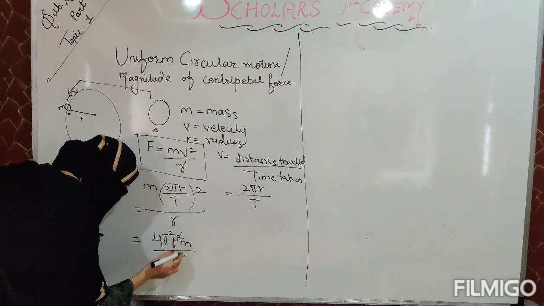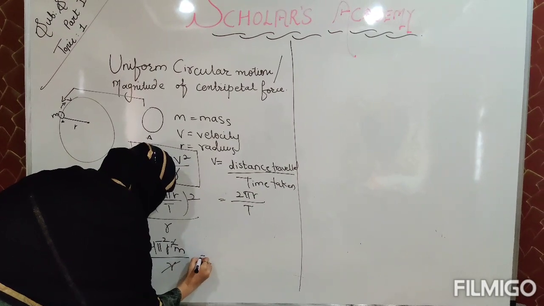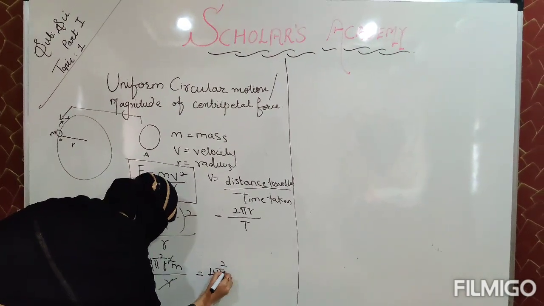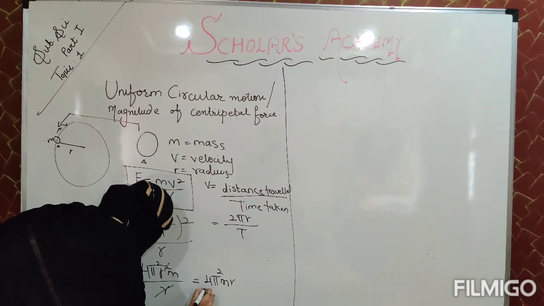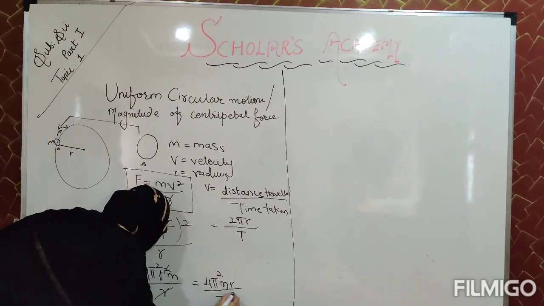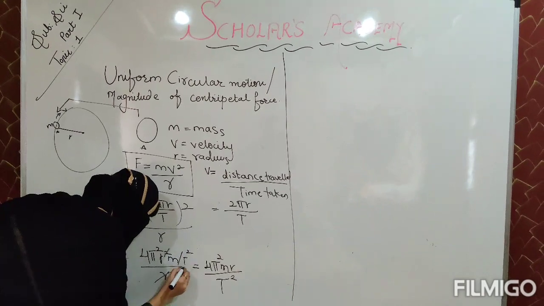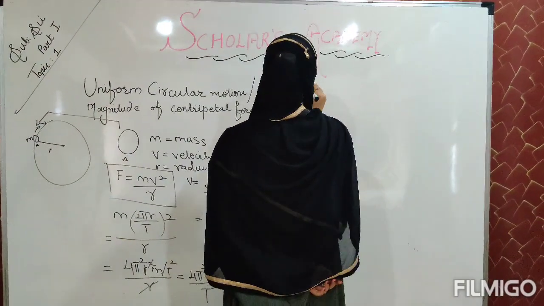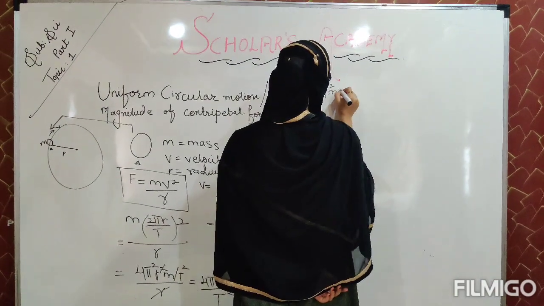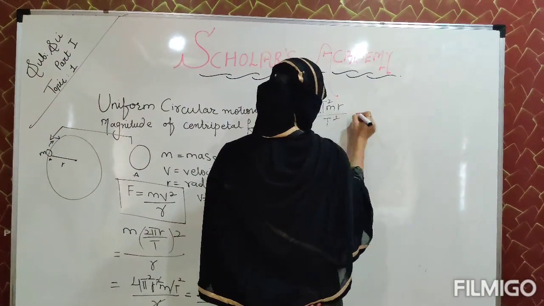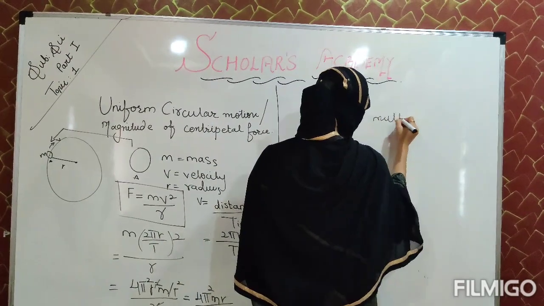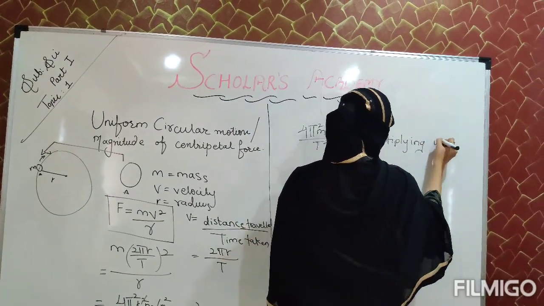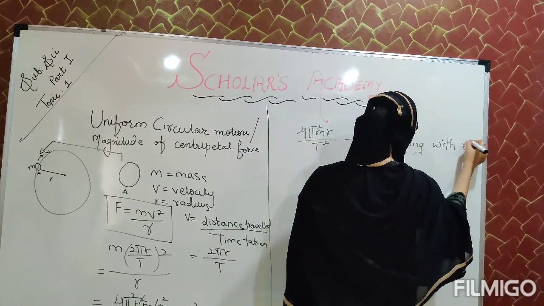This r and the r square get cancelled out. The equation is 4 pi square m r divided by t square. Now this 4 pi square m r divided by t square, I am multiplying with r square.